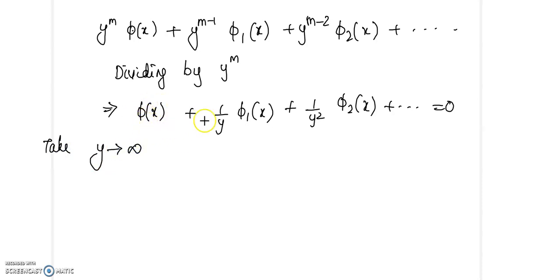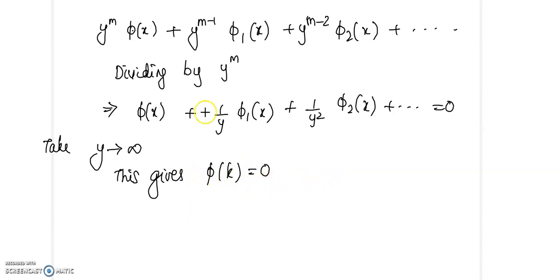As y approaches infinity, 1 by y, 1 by y square and so on all tend to 0. And as y tends to infinity, we know the value of x approaches k. So this gives phi of k equal to 0.